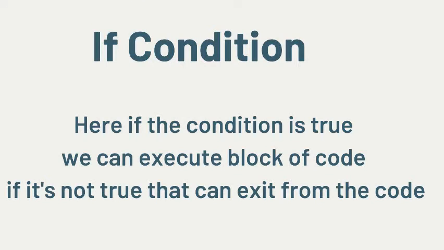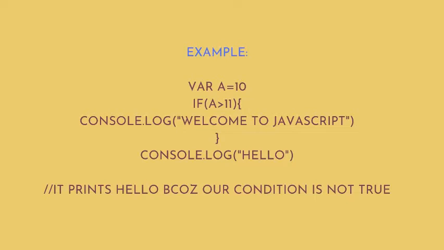The if condition: here, if the condition is true, execute the block of code. If it is not true, then we can exit from the code. For example, here you can see I assign a value for a, that is 10. If a is greater than 11, which is not true, right? console.log welcome to JavaScript.